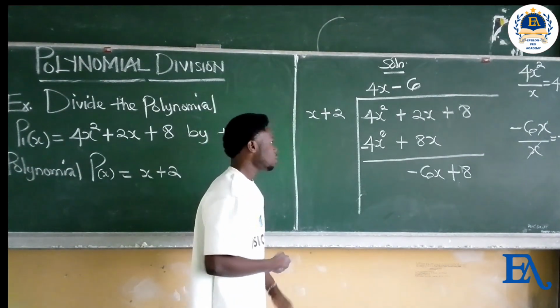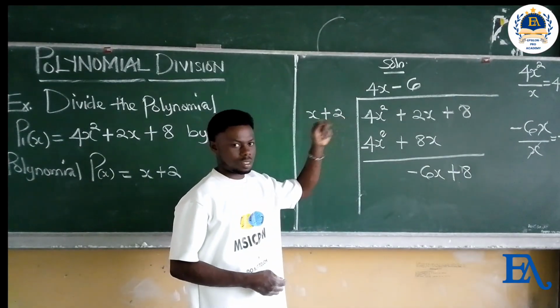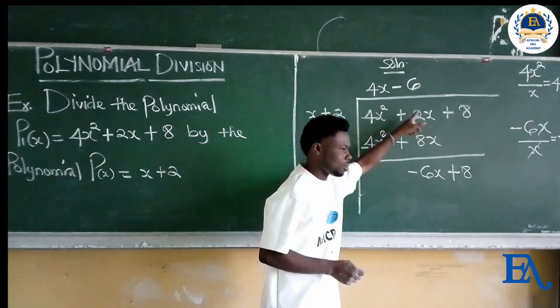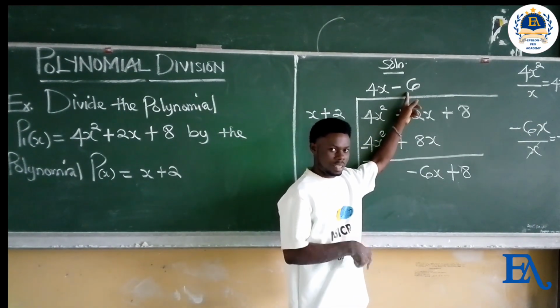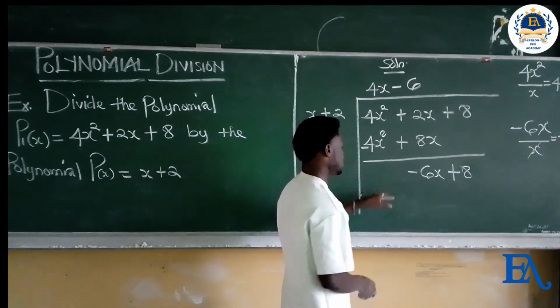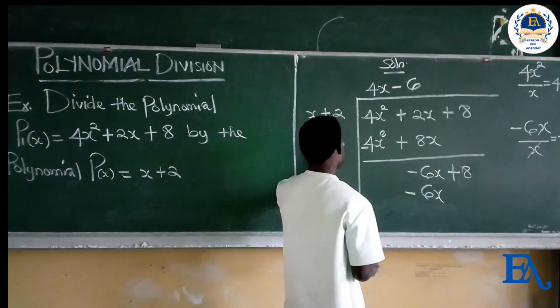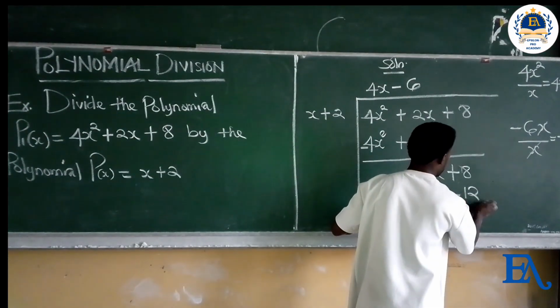Step number 2, multiply all the terms here by the minus 6 we just obtained. We are not multiplying these terms by everybody, but just by this one that was just obtained in this step. Take note of that. So x times minus 6 gives minus 6x, and plus 2 times minus 6 gives minus 12.